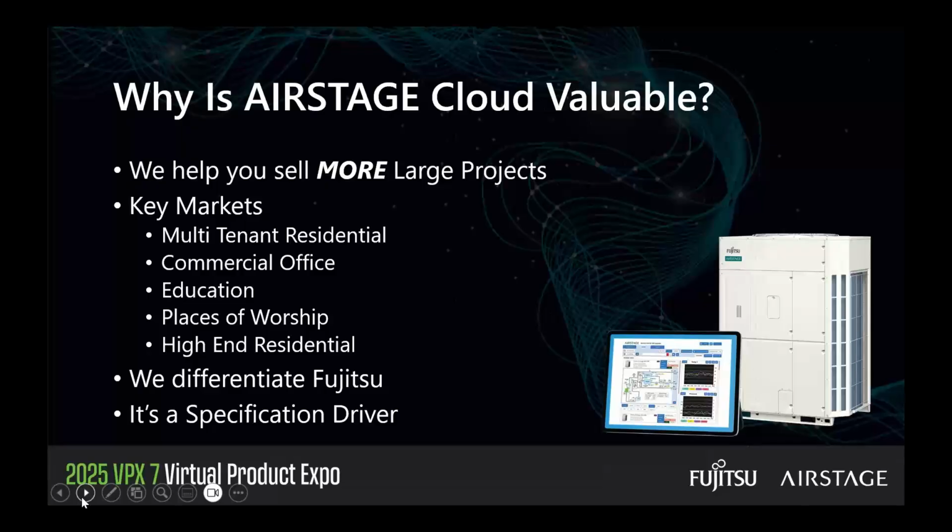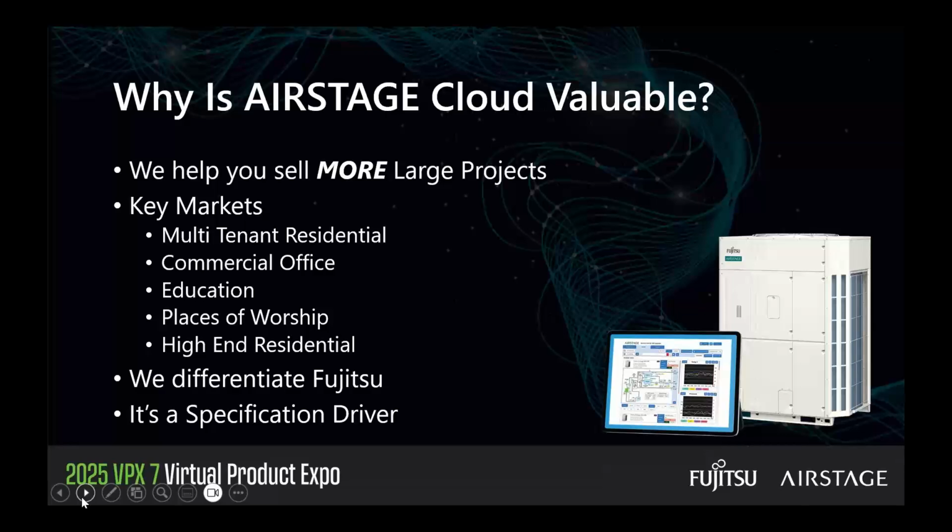And specifications are important not just for our applied group where they're going out and working with consulting engineers, but it becomes one of these things that once an owner starts using AIRSTAGE Cloud, they want other products, they want more buildings, they want more of their campus to show up on the AIRSTAGE Cloud system.